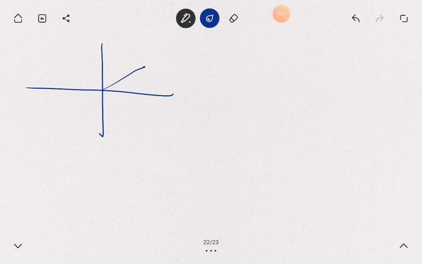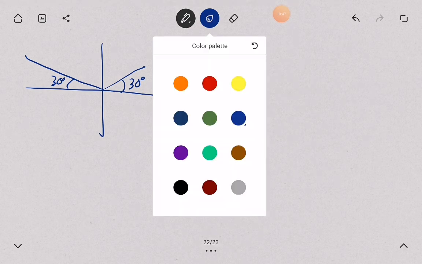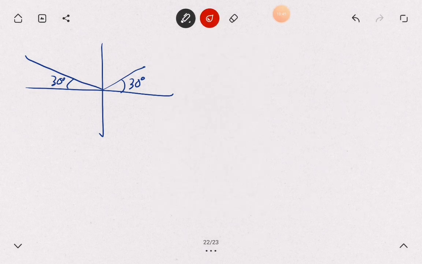Okay, so just now I showed you how you take this angle 30. If this is also 30, I mean this is not very accurate, but never mind, then what is this angle?